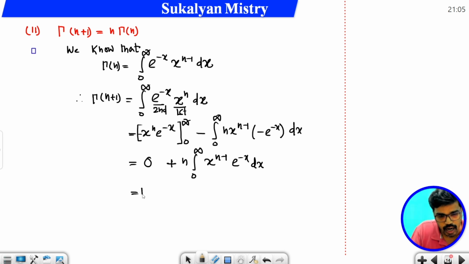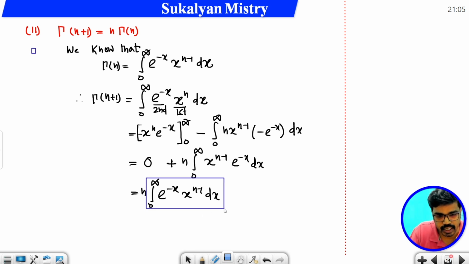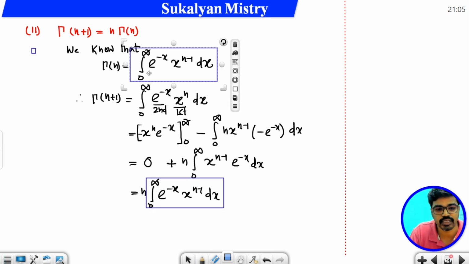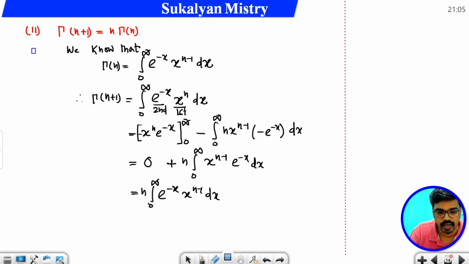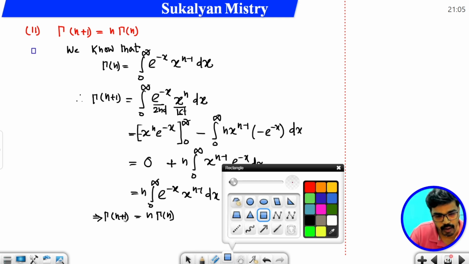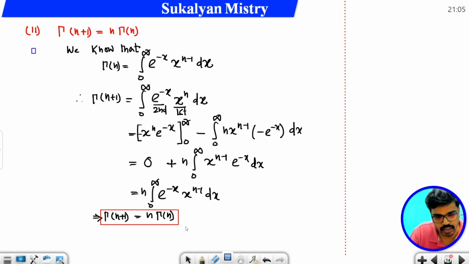This is basically gamma n. So this equals n gamma n. We proved that gamma n plus 1 equals n gamma n.